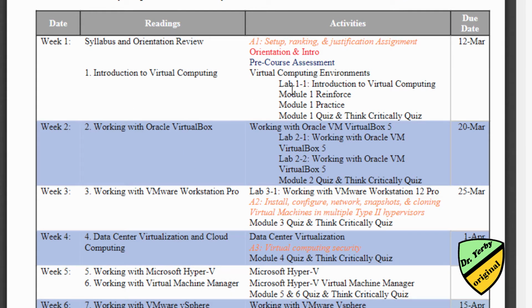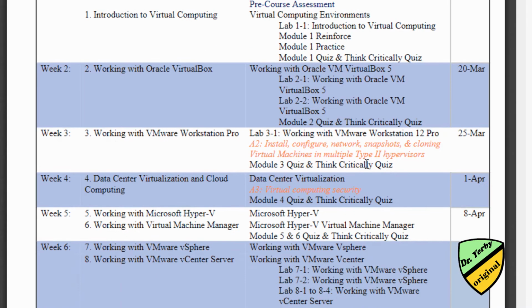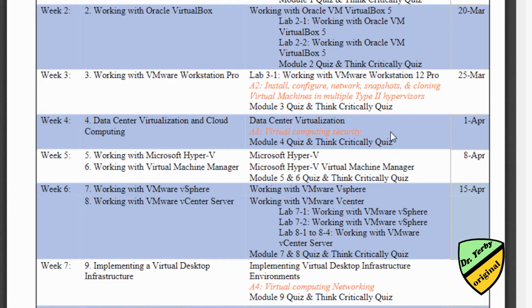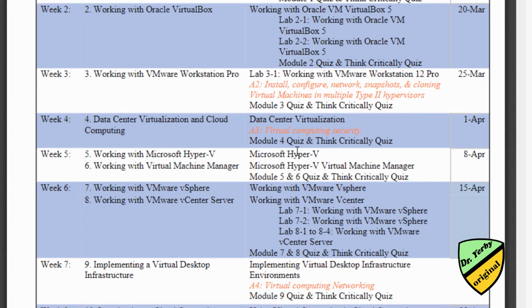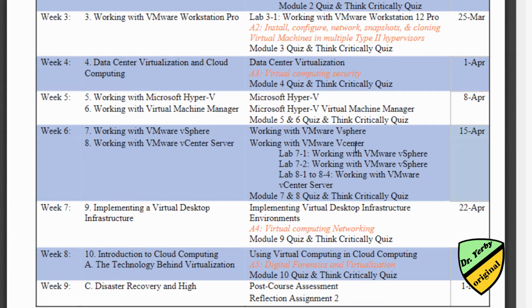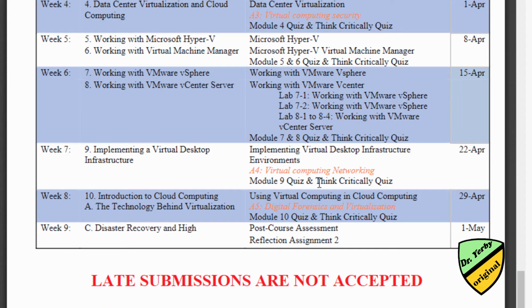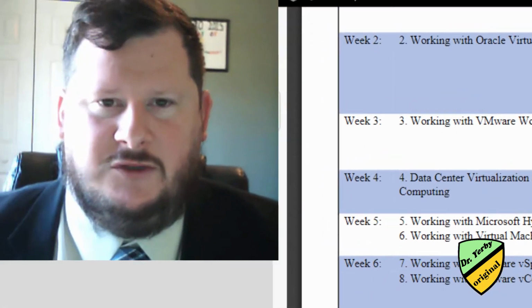So we talk about what virtual computing is, VirtualBox, VMware, data center virtualization, do some Hyper-V, some vSphere, vCenter, VDI, and then we do a little bit on cloud computing and some business continuity planning. So that's really the topics that we'll be covering in the course.